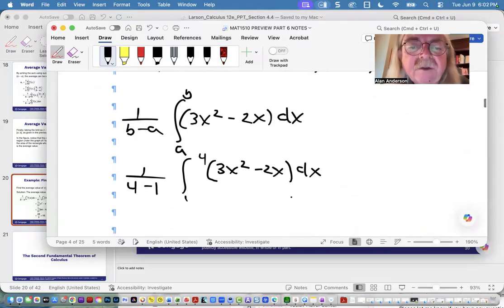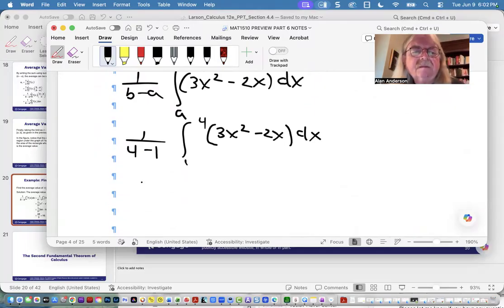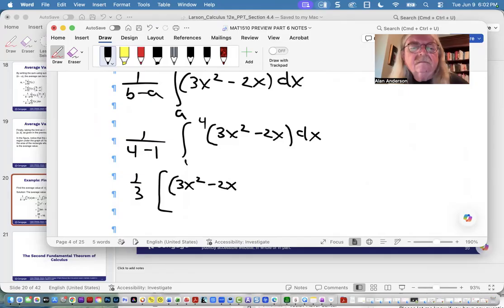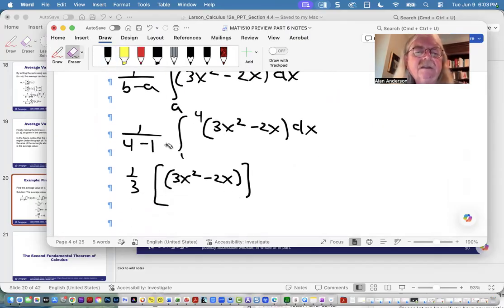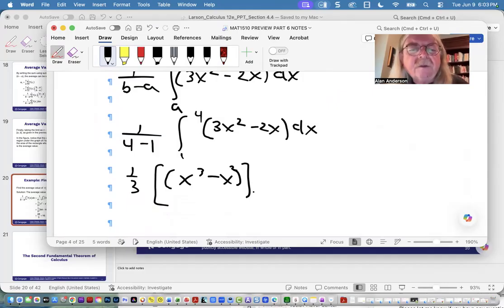But now when we evaluate this, I'm sorry, not 3x squared, the result, x cubed minus x squared, evaluated from 1 to 4.